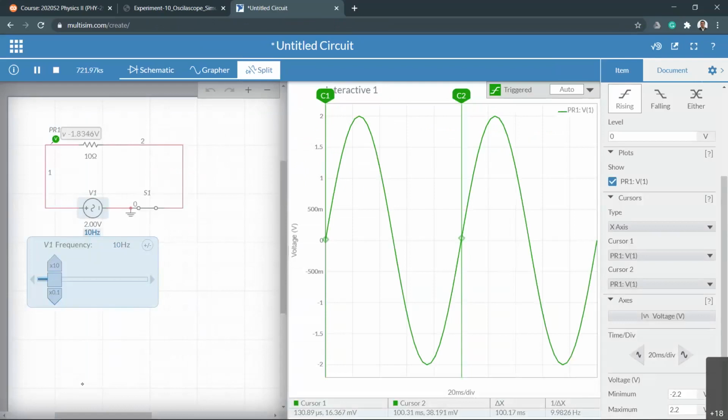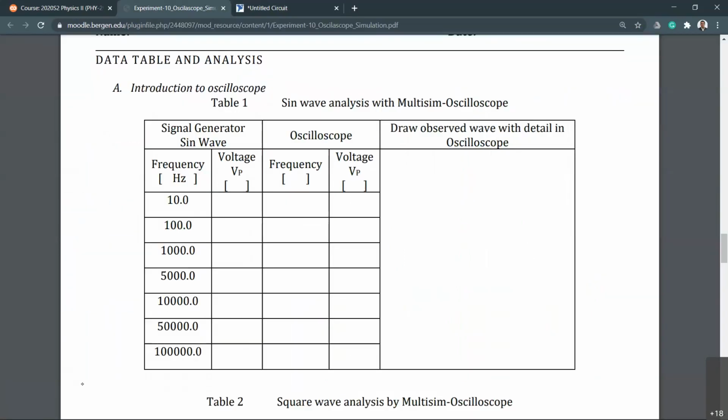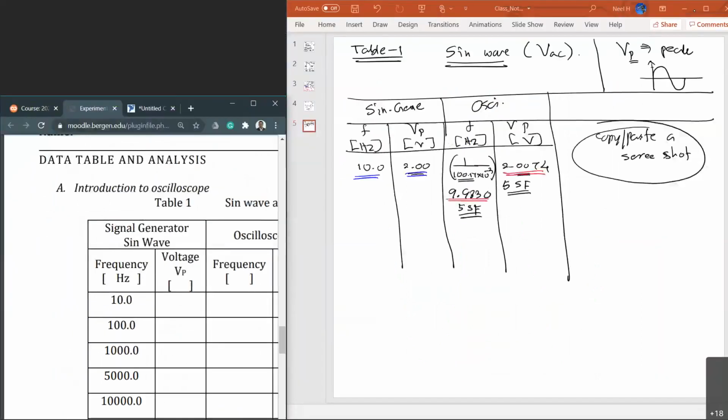Okay, so let's continue. I will let you measure everything. Write it down. The voltage will stay the same. That is easier, so let's not change the voltage at all.